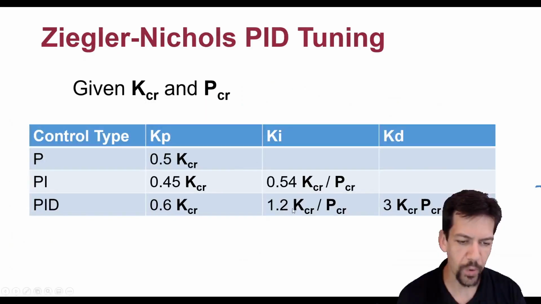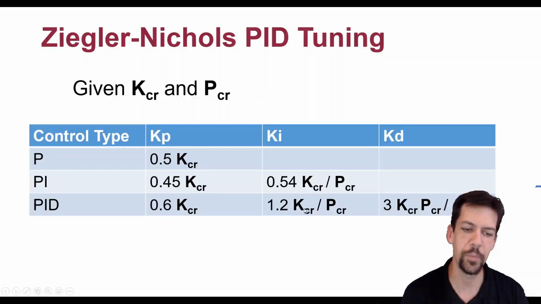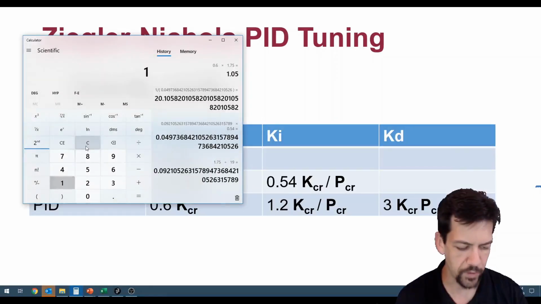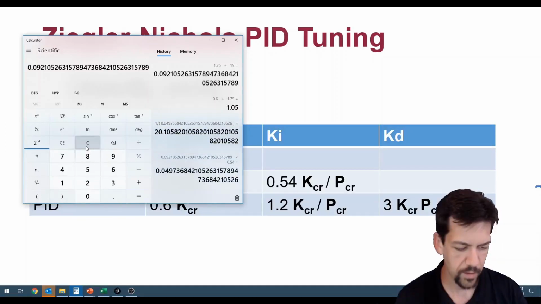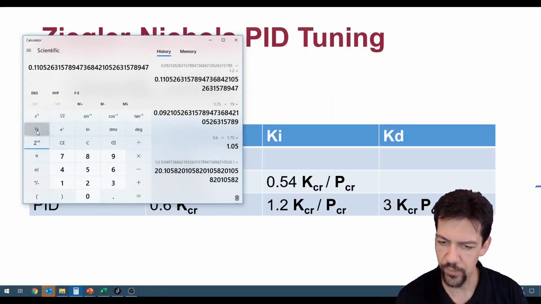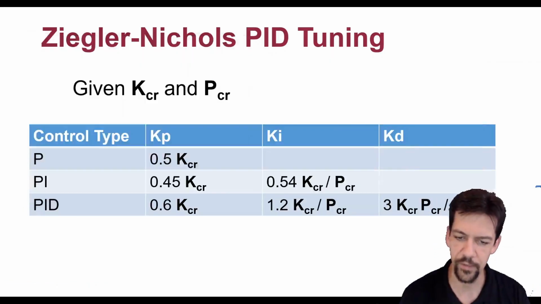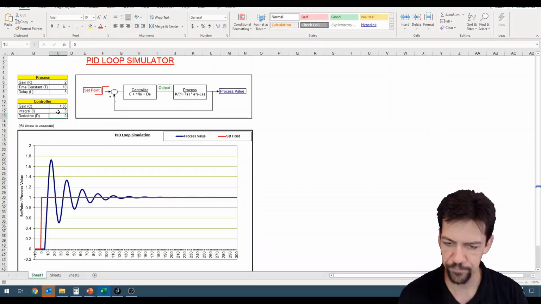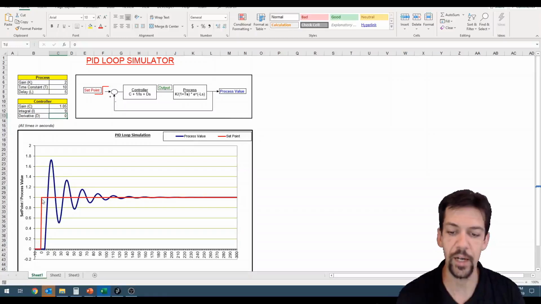I want to do 1.2 times the ratio between my critical gain and my critical period. So it was 1.75 divided by 19 times 1.2. And because we're inverted, I'm going to take the reciprocal, so that gives me about 9. So I'm going to put 9 in there.